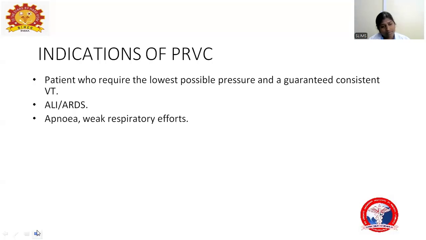If the patient is not breathing also, the ventilator will analyze that the patient is not breathing, and it will increase the pressure to deliver the set tidal volume. And the patients with weak respiratory efforts.